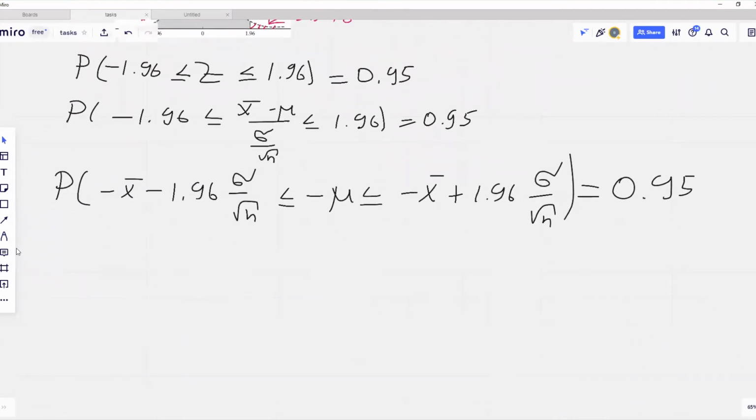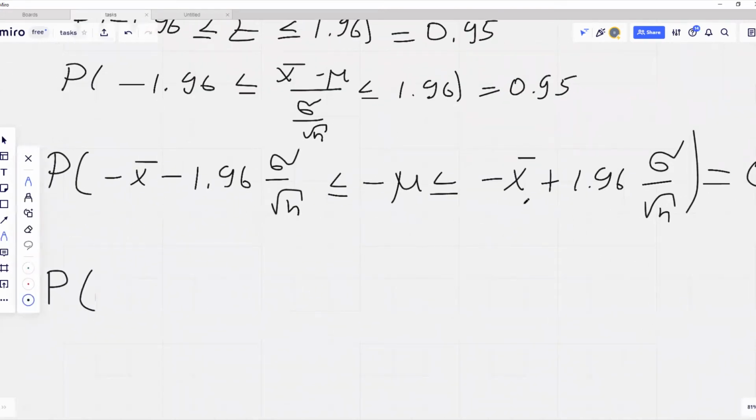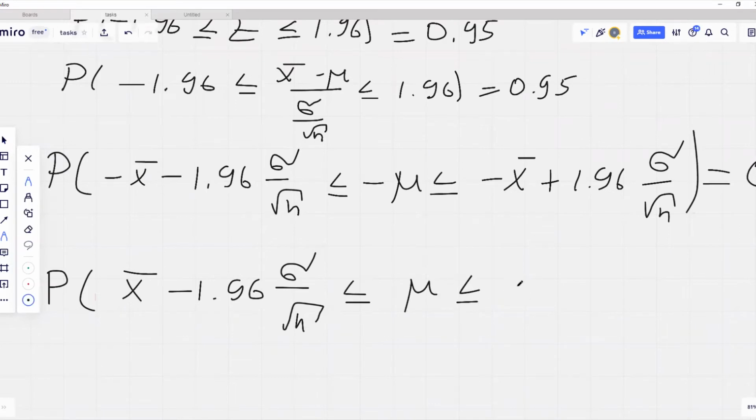All right, now multiplying all sides of our inequality by minus 1, we get the probability that mu lies in the following interval: X bar minus 1.96 sigma divided by root of n less than or equal to mu, less than or equal to X bar plus 1.96 sigma over root of n.